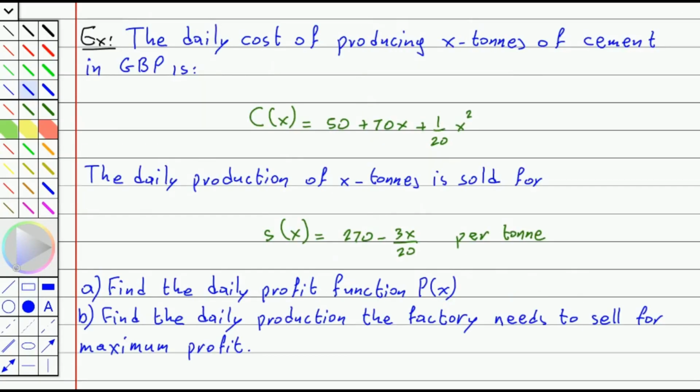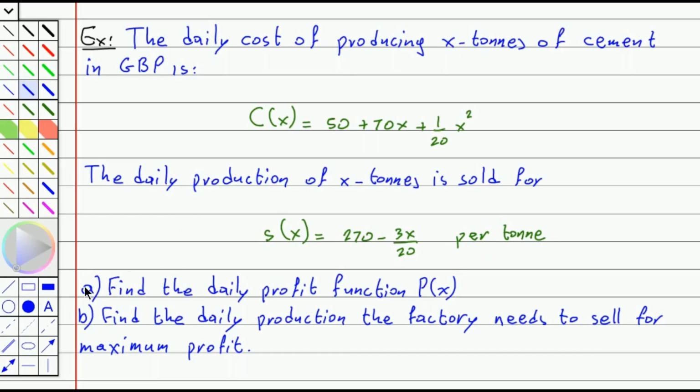Here we have a very simple business problem: the daily cost of producing x tons of cement in Great Britain pounds is C of x, 50 plus 70x plus 1/20th x squared, and the daily production of x tons is sold for S of x, 270 minus 3x over 20 per ton.